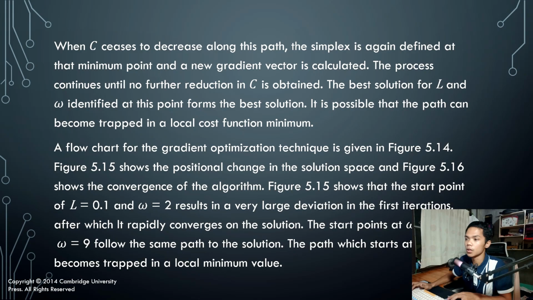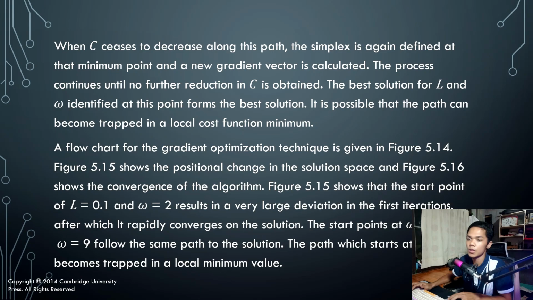A flowchart for the gradient optimization technique is given in figure 5.14. Figure 5.15 shows the positional change in the solution space, and figure 5.16 shows the convergence of the algorithm.